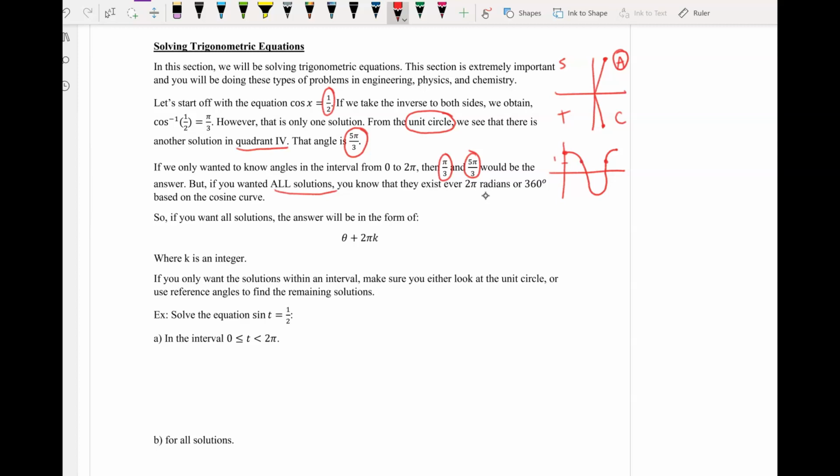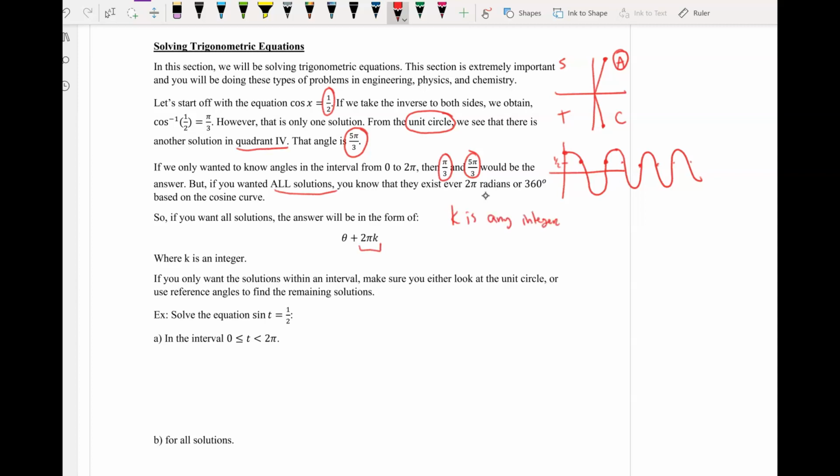So let's say this is 1/2. Here's the angles that correspond to 1/2. But remember that that's just within one period. This guy continues to oscillate every 2 pi units. So what you're going to have to do is take the solution itself and add 2 pi k. And here k is any integer.